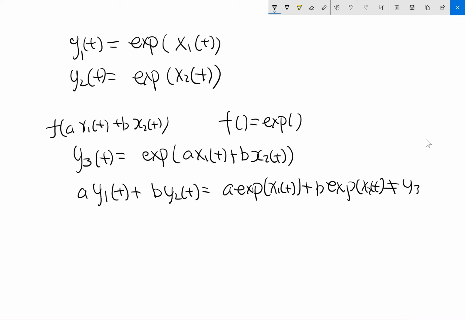Because for exponential, you cannot just split that. So we can conclude that this one is not linear. Well, this one is sort of clear because we can easily tell what the system is, what f(x) is. But for most of the problems, it is not that clear.